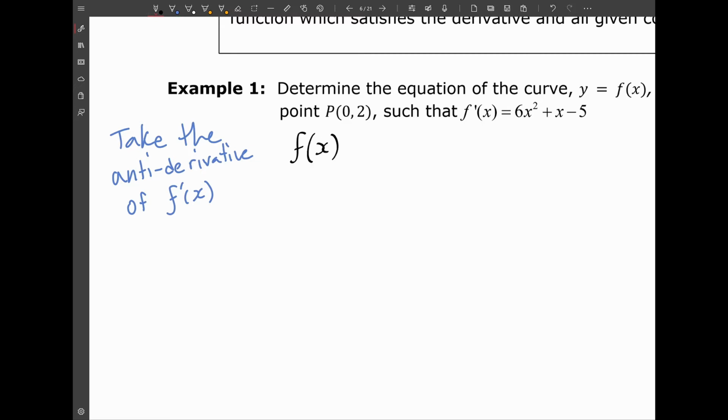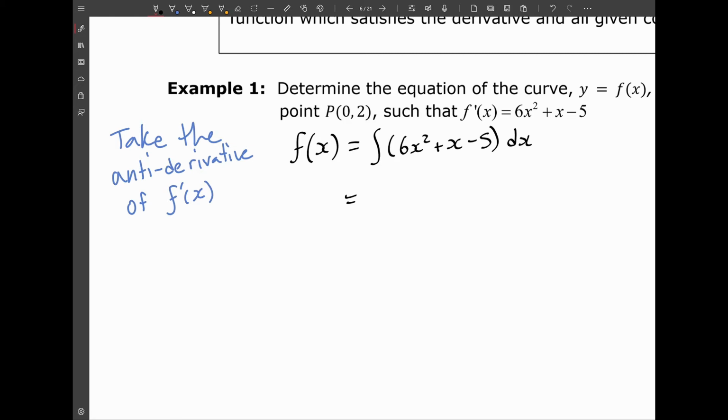So what we have is that f of x must be equal to the integral of 6x squared plus x minus 5 dx, which, again, I'm going to start loosening up on showing all of those antiderivative steps.